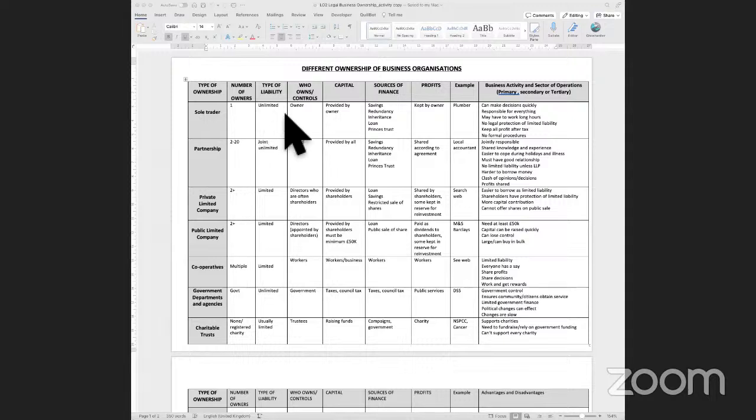The liability is unlimited. That means sometimes if I start a new business, say for example, a plumbing business, I want to get some loan to be able to buy tools and, say, set up a shop.